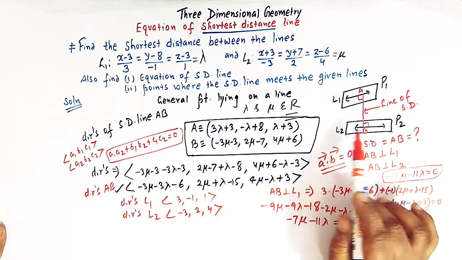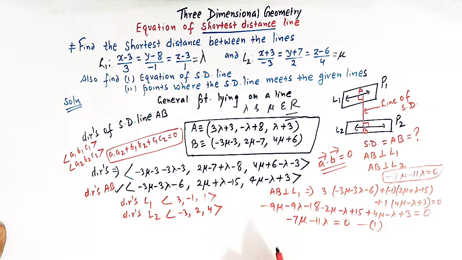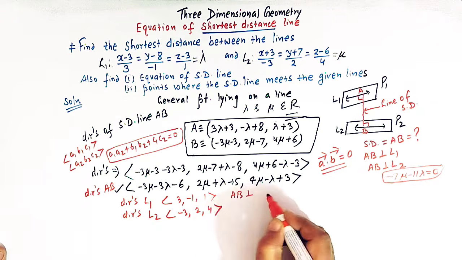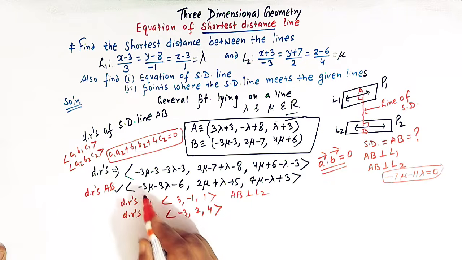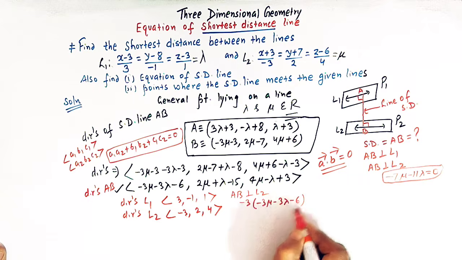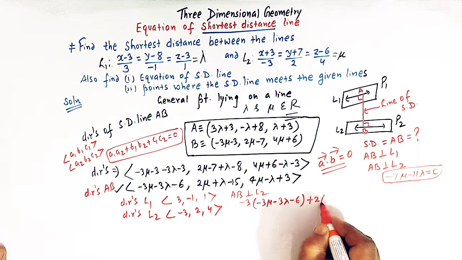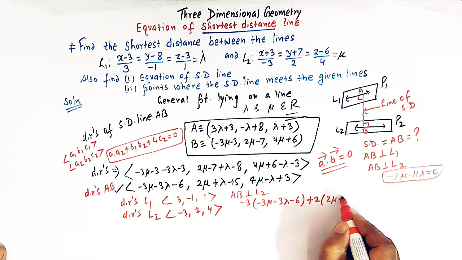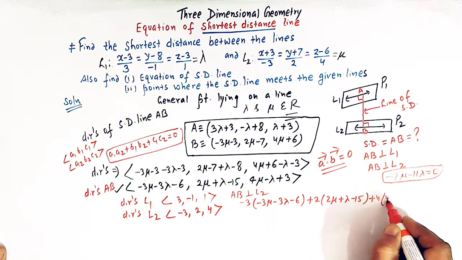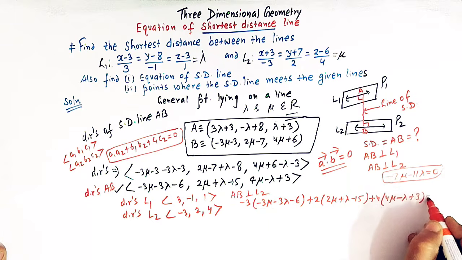Now, since this line of shortest distance AB is also perpendicular to L2, let us now apply this result to these two direction ratios. So now AB is perpendicular to L2. So we have now minus 3 times minus 3 mu minus 3 lambda minus 6, then plus 2 times 2 mu plus lambda minus 15, and then 4 times 4 mu minus lambda plus 3 is equal to 0.